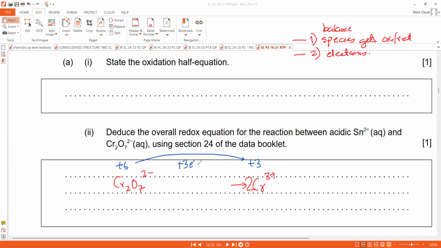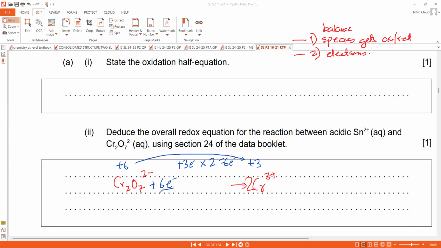But don't forget to multiply by the number of atoms. Gaining 3 electrons is per chromium atom, but there are 2 chromium atoms. Remember that. Each chromium atom's oxidation state is +6, and each becomes +3. But there are 2 chromium atoms, each one going from +6 to +3, which means each gaining 3 electrons. So total 6 electrons gained. So I will write 6 electrons.